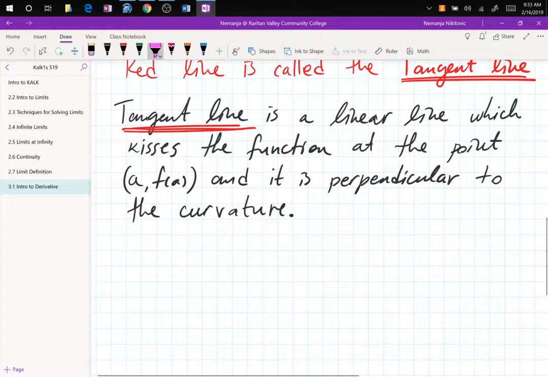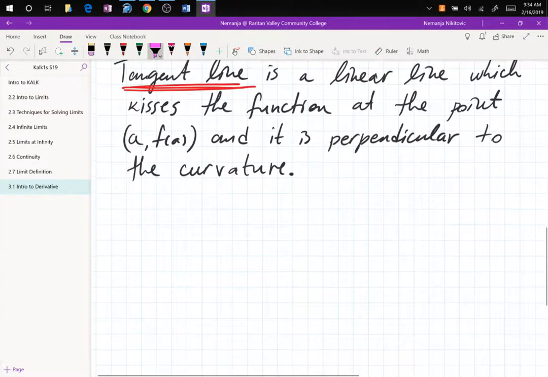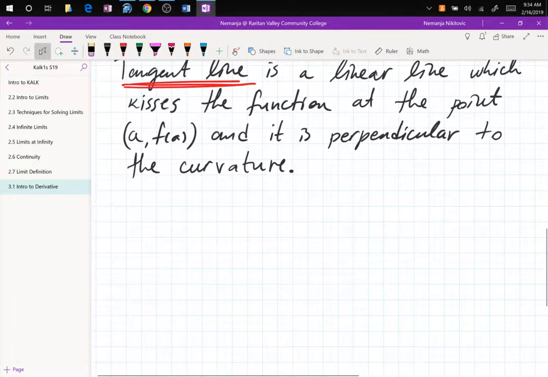Since there is one mouth, you can only make one kiss at a time. It has to be a single location, so that's why that phrasing is used. So the tangent line touches the function at exactly one spot, and wherever it touches the function, it is always perpendicular to the curvature. Now, what does that mean?